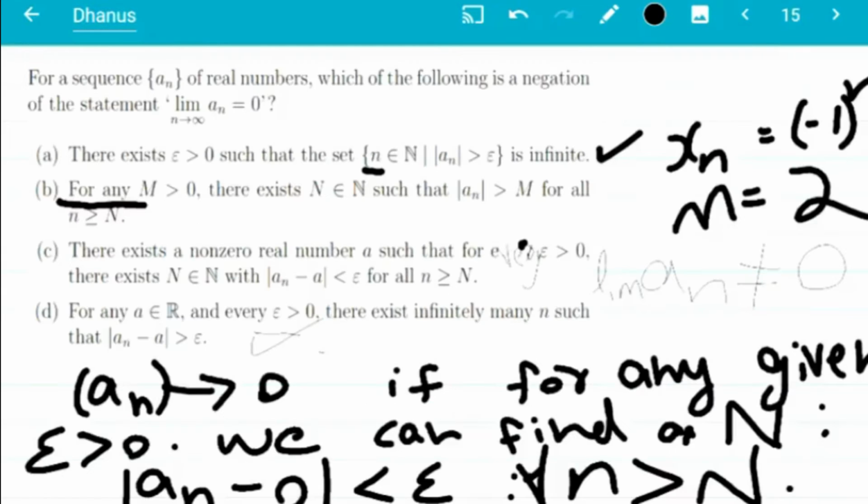Anyway, statement D is stronger than the statement that the limit of an is not equal to 0. Statement D says that the sequence is not convergent, but we only need that the limit of an as n tends to infinity is not equal to 0. That's also true here.